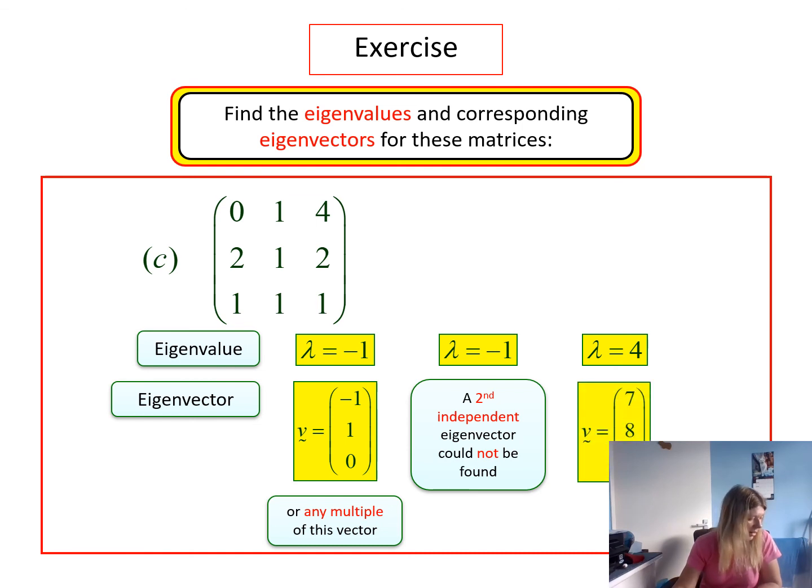And there, that should be 7, 8, 5. We'll talk about those next lesson actually, when the second independent vector cannot be found, because it gives you just the same answer as the one before.